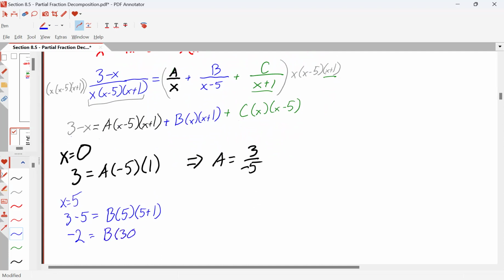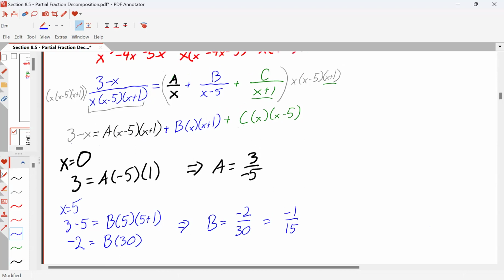So B times 30. Dividing by 30, we get B is equal to negative 2/30, or negative 1/15. We have the coefficient of B.